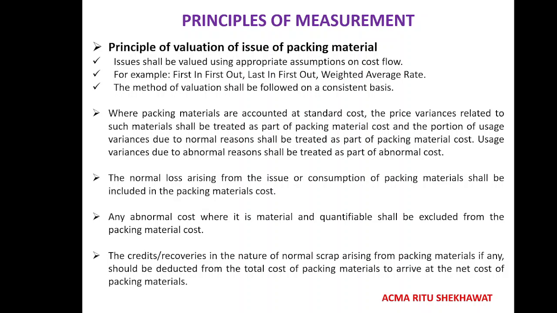If it is for an abnormal reason, then it should be taken directly to the P&L account and excluded from packing material cost. Credit recovery in the nature of normal scrap: if there is scrap while manufacturing packing material and you sell it, the recoveries should be netted off from the cost of packing material.